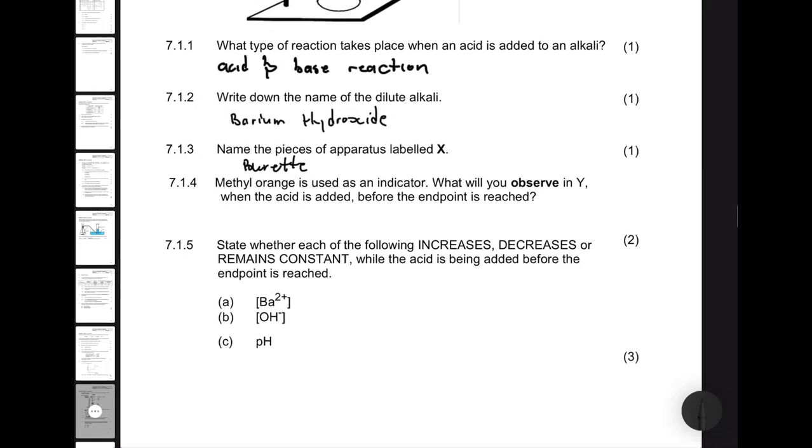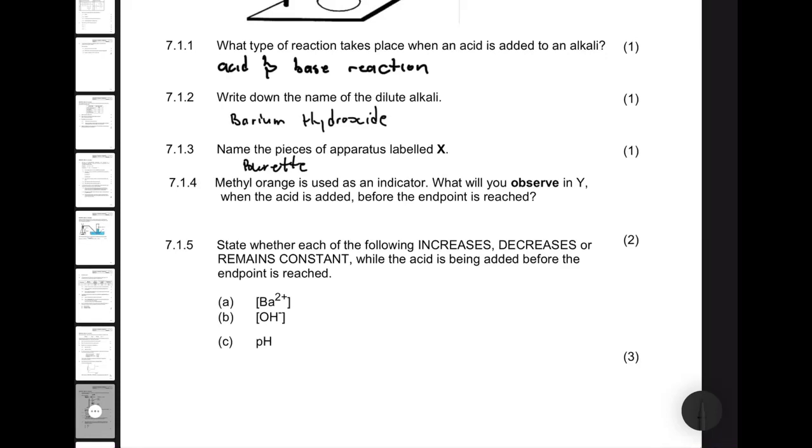And then 7.1.4 says methyl orange is used as an indicator. What will you observe in Y when the acid is added before the endpoint is reached? So before we add any acid, you are going to basically have a base, right? If you add methyl orange to a base, the methyl orange is going to turn yellow.